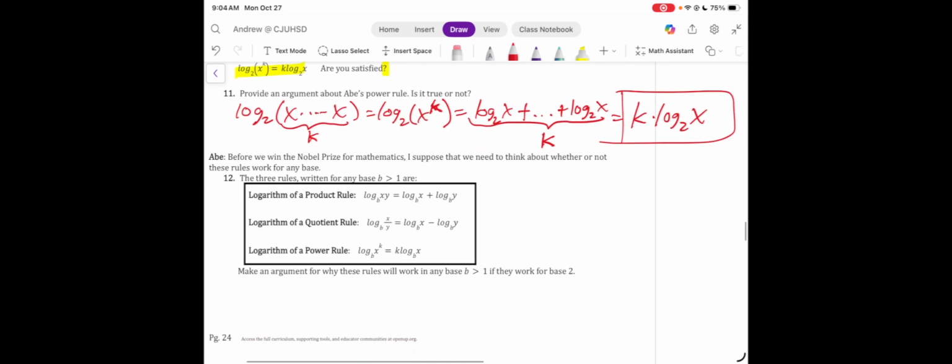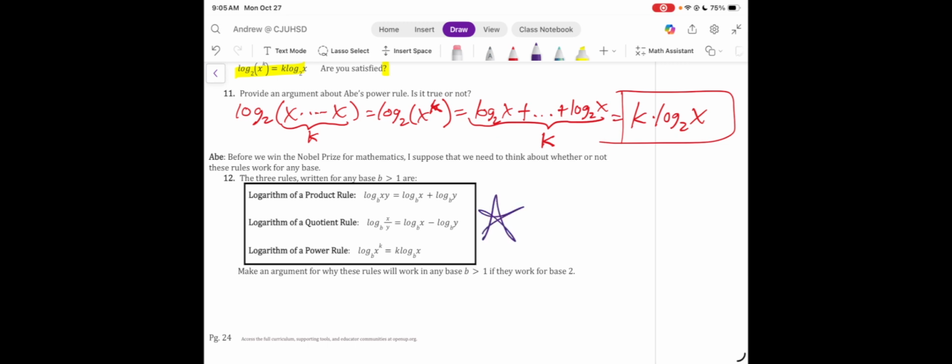Now, Abe says, before we win the Nobel Prize for mathematics, I suppose that we need to think about whether or not these rules work for any base. The 3 rules written for any base greater than 1, and here they are listed. This is a super important box right here. Super important.